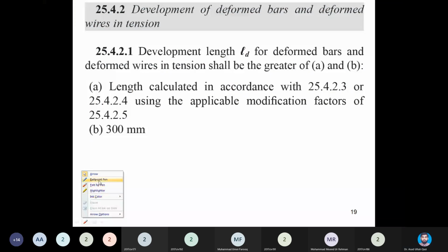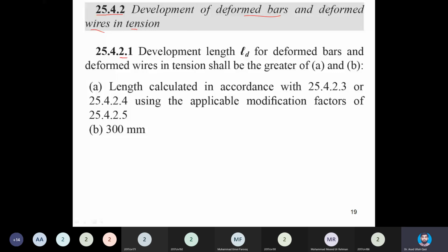As I said earlier, this article I have copied from the 2019 publication of ACI, chapter 25. Article 25.4.2 describes development of deformed bars and wires in tension. So we need to consult this chapter to determine the development of deformed bars.